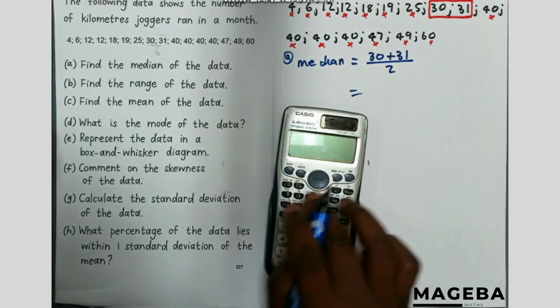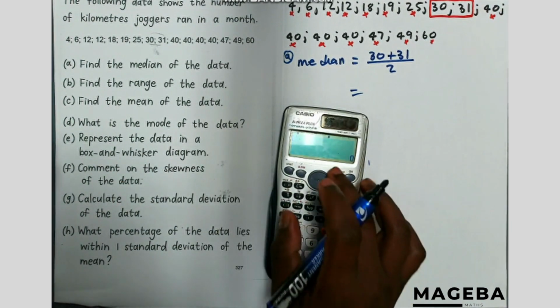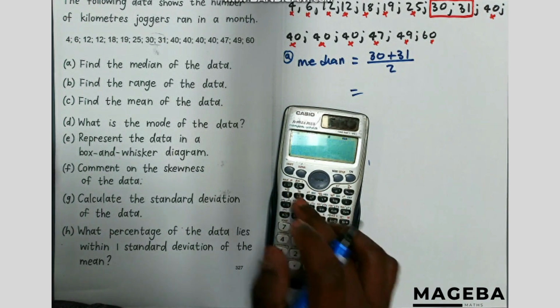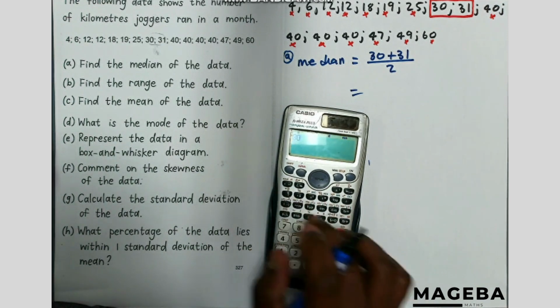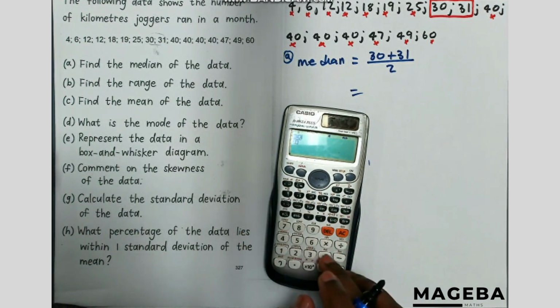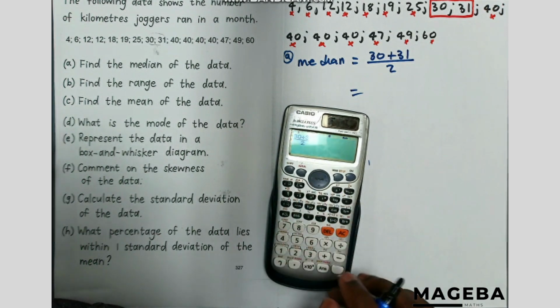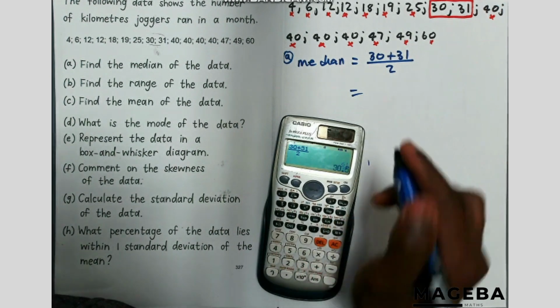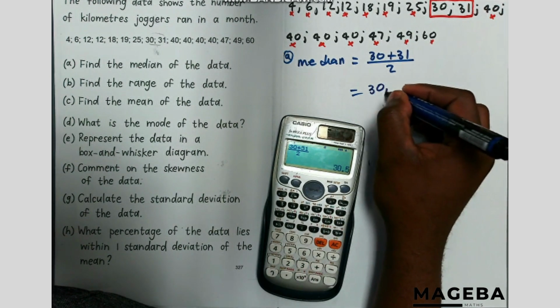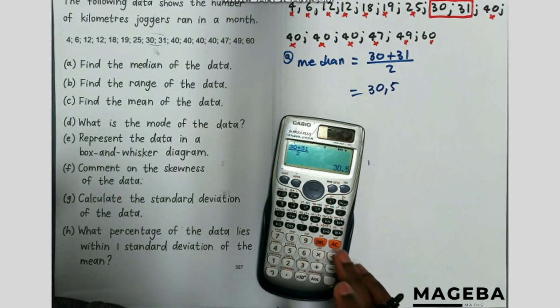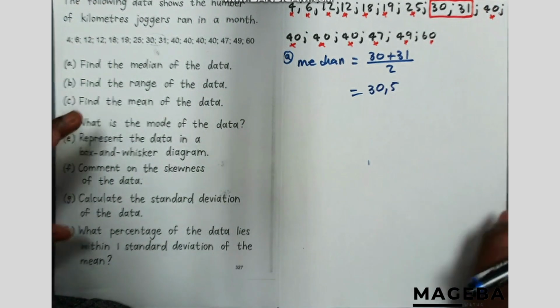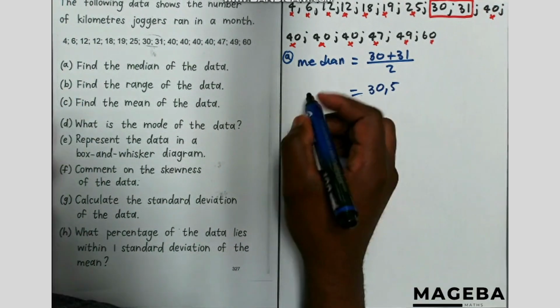So 30 plus 81 over 2, I'm going to get 60 over 2, which is 30,5. So this is going to be the median of the data that I have here.